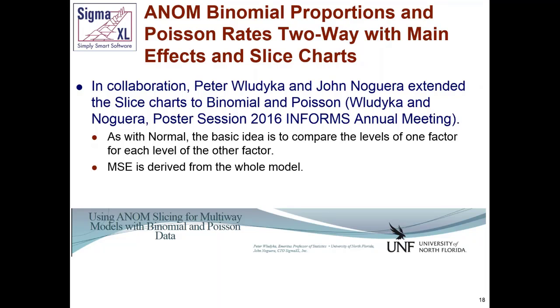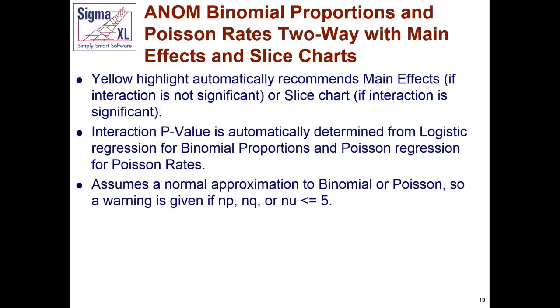That paper is where he introduces the concept of Anom slicing, essentially taking the normal concept and extending it to the binomial and the Poisson. And same idea, the yellow highlight automatically recommends main effects if the interaction is not significant, or the slice chart if the interaction is significant.